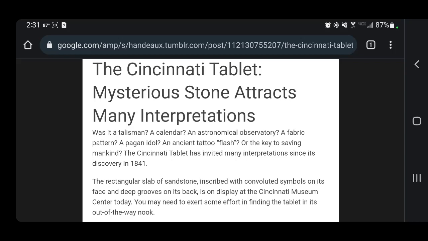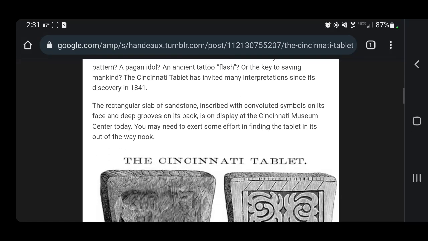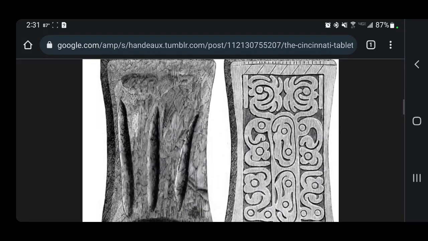But the most popular explanation seems to be it was for stamping tattoos, a tattoo pattern onto someone, and then using a needle to make an ancient tattoo using the stamped pattern. Look at the back of it.